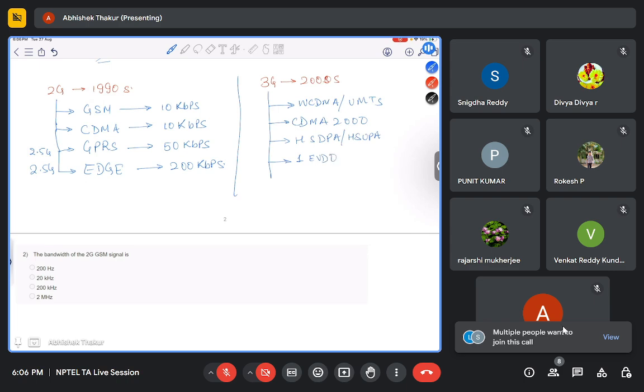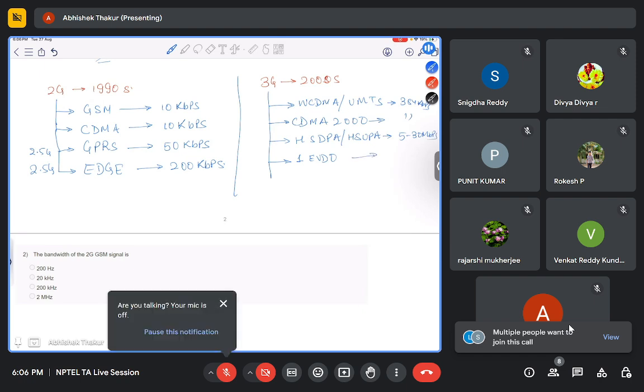The data rate in 3G for WCDMA was around 384 kilobit per second. For CDMA 2000 also it was the same. For HSDPA the data rate increased, from 5 to 30 megabit per second, and for HSUPA it is also 5 to 30 megabit per second.